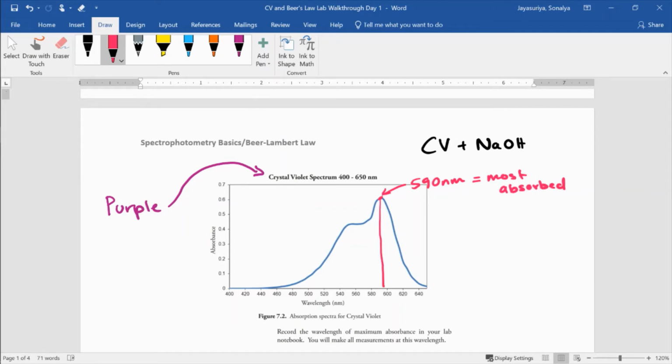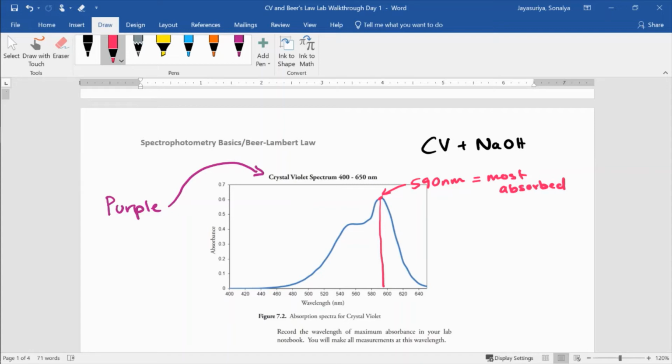And that matters because we want the wavelength of light that is going to be most absorbed, because we want all the other wavelengths of light that are not absorbed, meaning would be transmitted, to be filtered out. So all other wavelengths that can mess with the transmittance, because if it's not absorbed, it will be transmitted and it'll mess with our results.